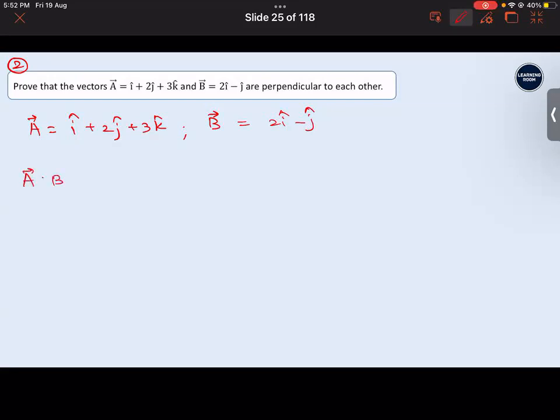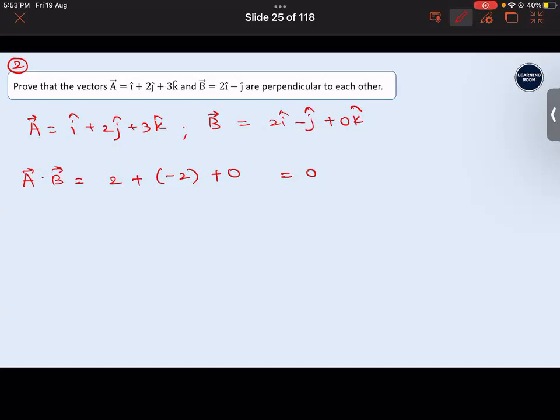A vector dot B vector: 2, plus minus 2, plus 0 k cap, which will be 0. So 2 minus 2 is 0. Hence the given vectors are perpendicular.